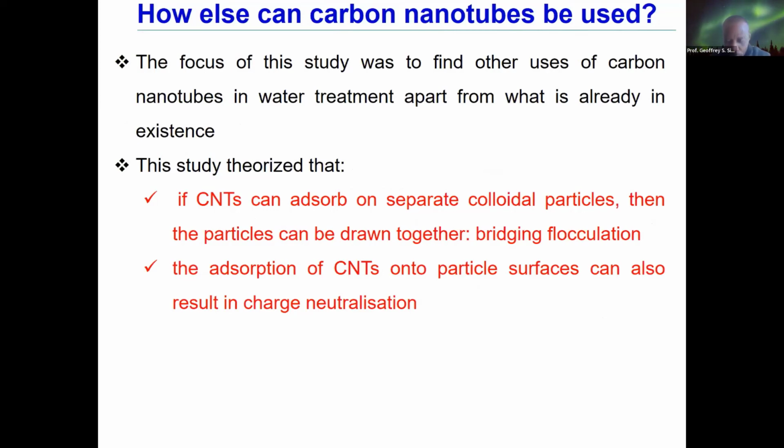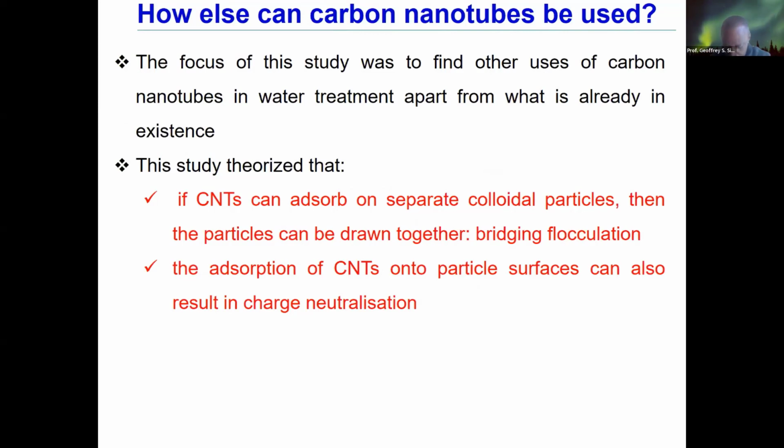And basically, the theory behind this was that if we can allow the carbon nanotubes to adsorb on colloidal particles, then those colloidal particles will be drawn together, just like what happens in the coagulation and flocculation processes.